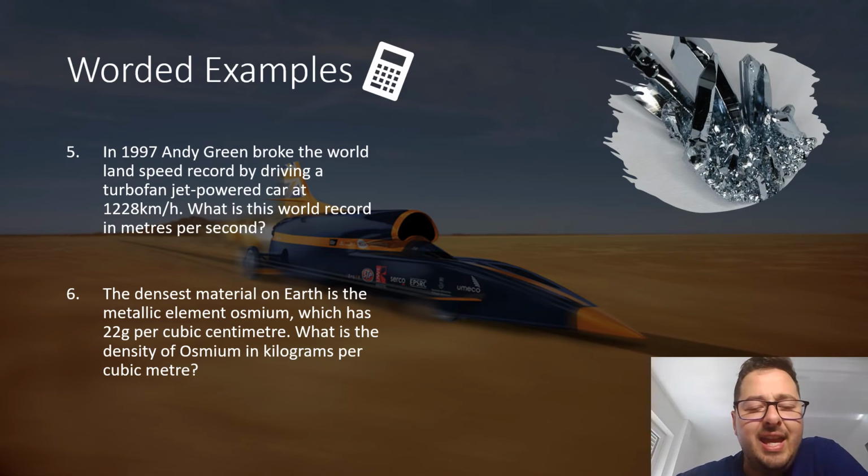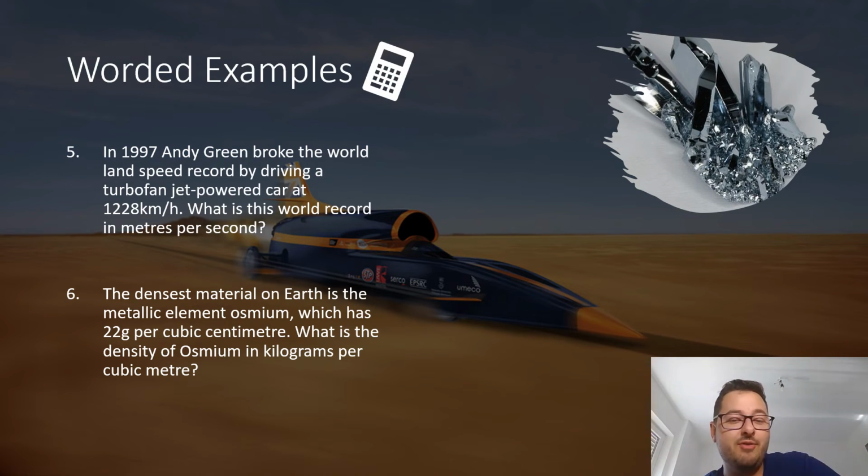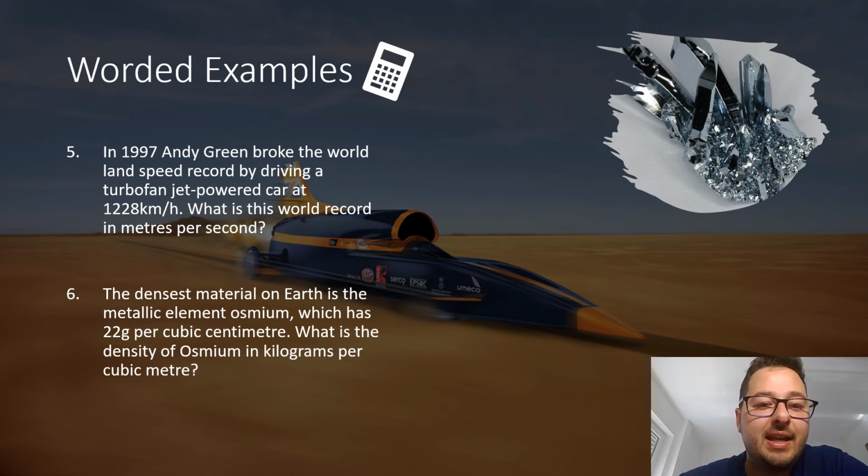Okay, so number 5. In 1997, Andy Green broke the world land speed record by driving a turbofan jet-powered car at 1,228 kilometers per hour. What is this world record in meters per second? Okay, so we want kilometers per hour into meters per second.